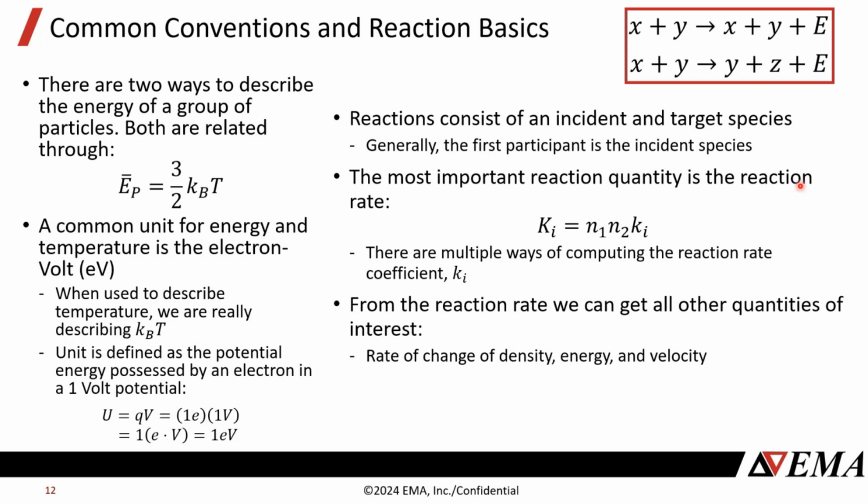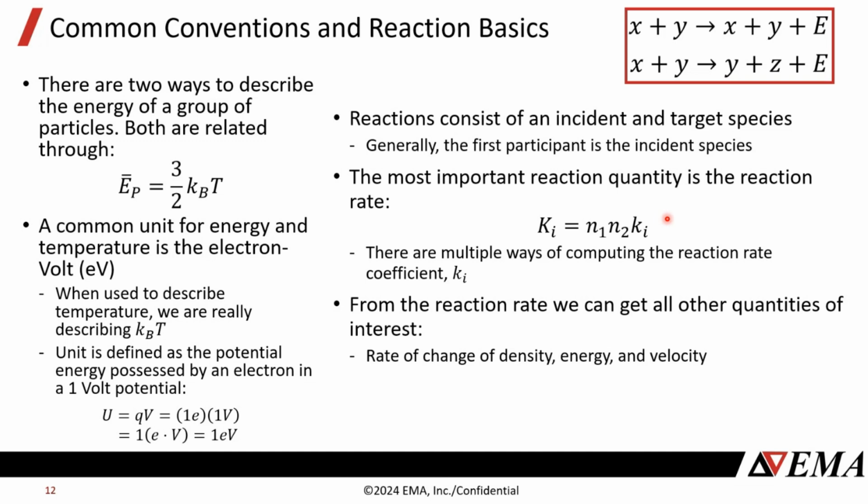And the most important quantity we can get from the reaction is the reaction rate itself. So it's telling us how often this reaction is occurring per unit volume, per unit time. And it's going to be equal to the product of both of your reactant densities, n1 and n2 here, as well as the reaction rate coefficient, K sub i here.